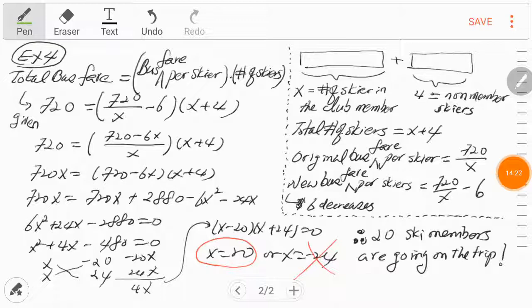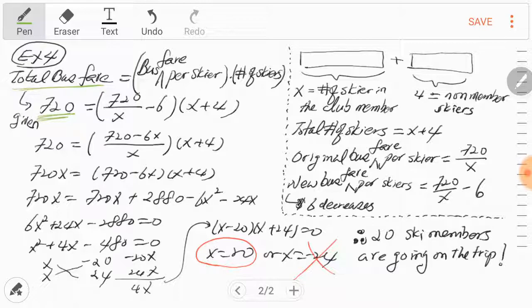Okay, this example 4. A ski club charters a bus for a ski trip, and they pay $720. So the total bus fare is $720. That is given.